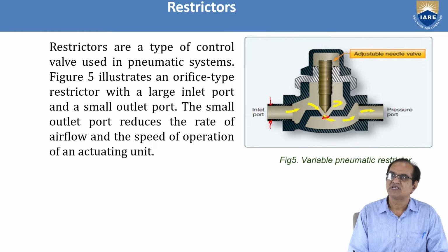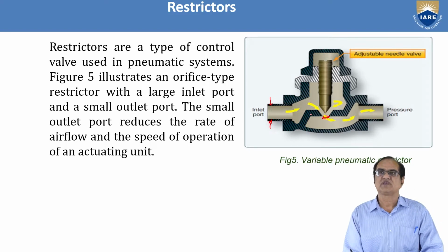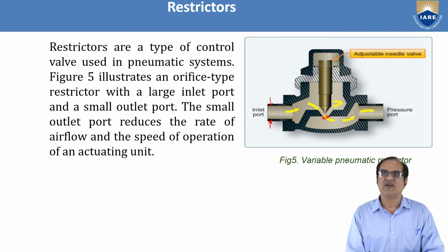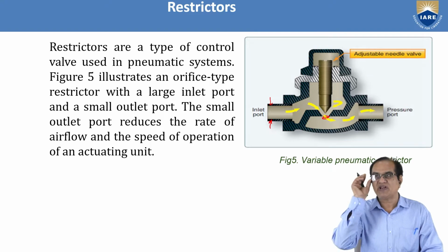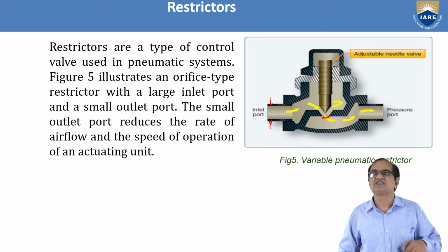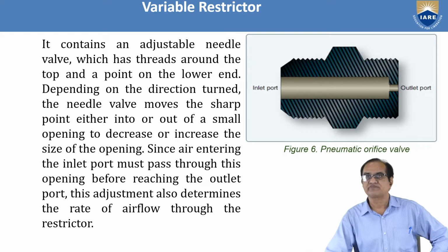So this needle valve will make sure that as per your requirement, the flow will be restricted or increased. The small outlet port reduces the rate of airflow and the speed of operation of an actuating unit. So the speed will increase or decrease by these restrictors.